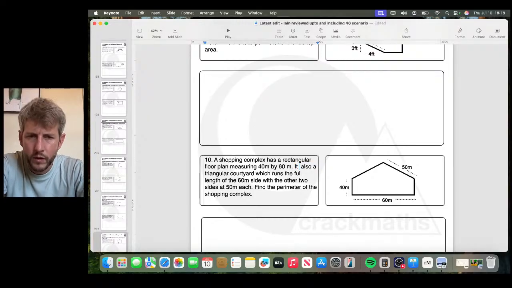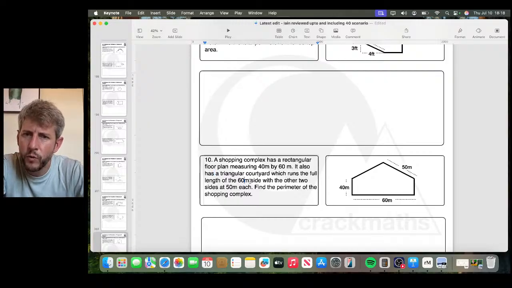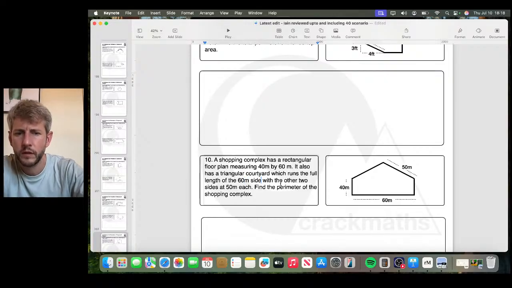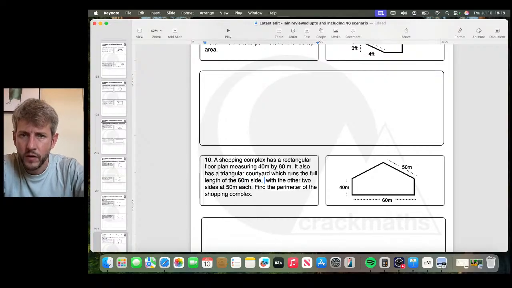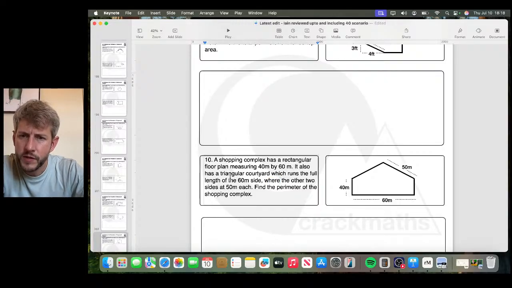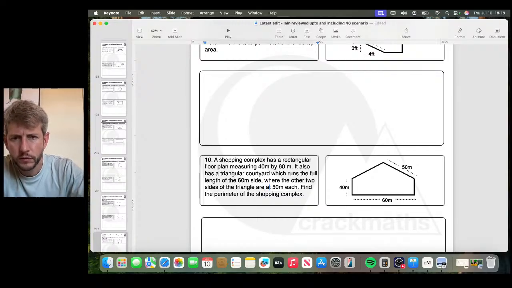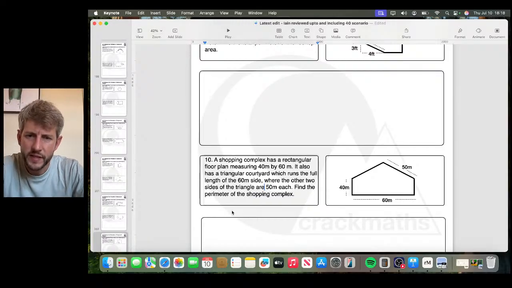It also has a triangular courtyard which runs the full length of the 60 metre side, where the other two sides of the triangle are 50 metres each.